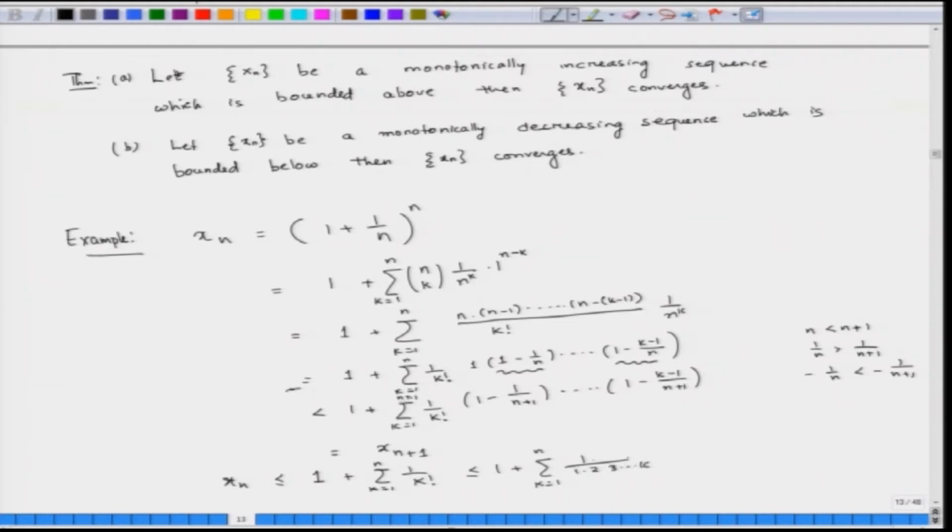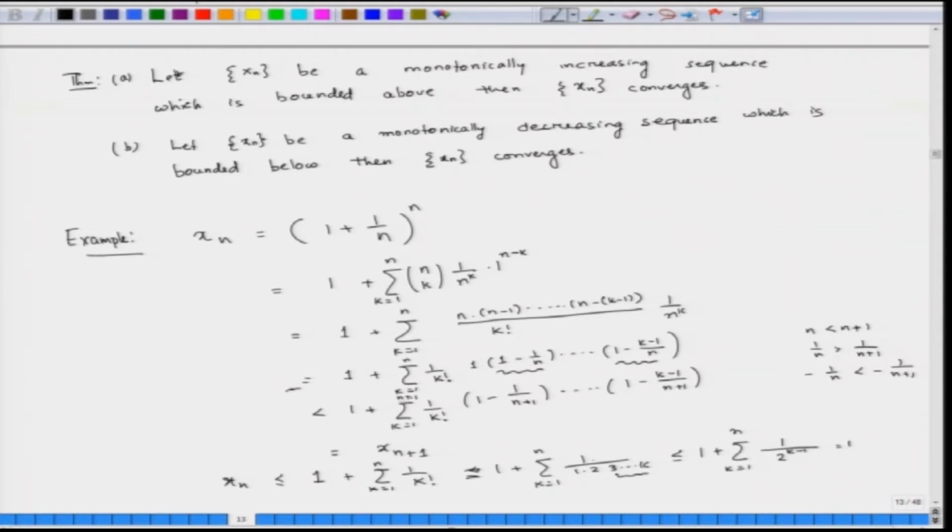Now, each of the terms after 1 is greater than or equal to 2. So this is less than or equal to 1 plus the summation over k from 1 to n, since 1 upon 2 into 3 is less than or equal to 1 upon 2 into 2, and so on, giving 2 to the power k minus 1.